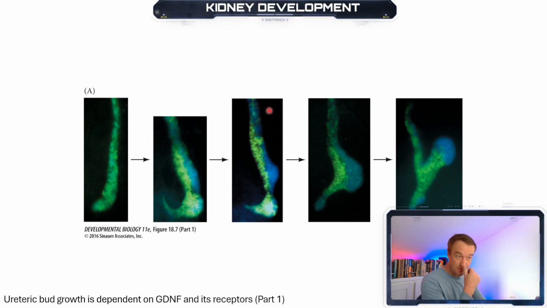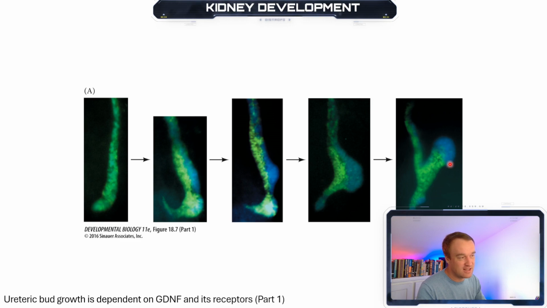And when that happens, you can see that the blue cells are what migrate and are the ones expressing this GDNF, and those are what are leading the way, so to speak, in this bud formation.